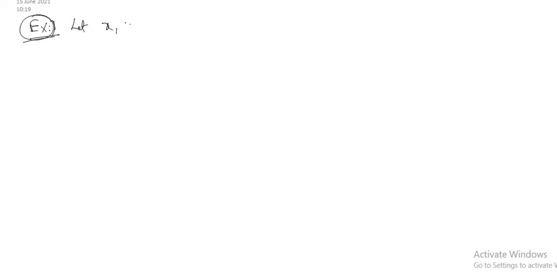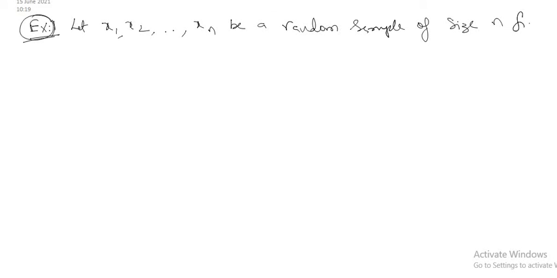Let x1, x2 and so on xn be a random sample of size n from binomial distribution b of m comma p, not n, because here we have already taken n, so you just make it m.